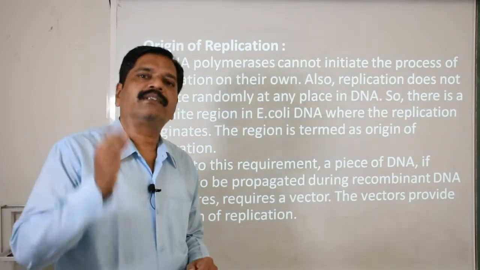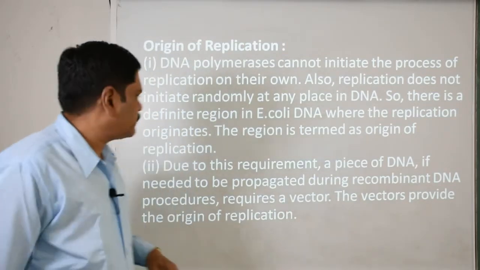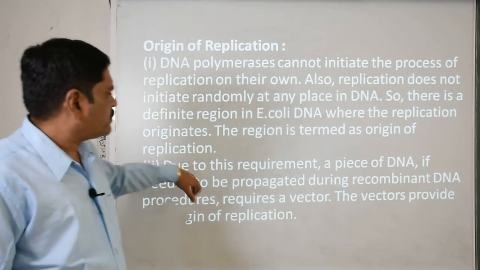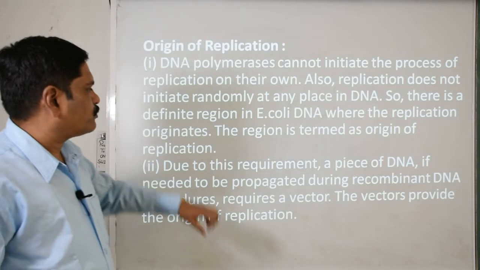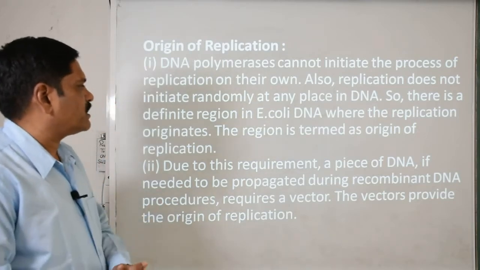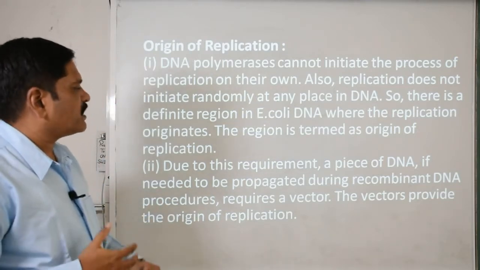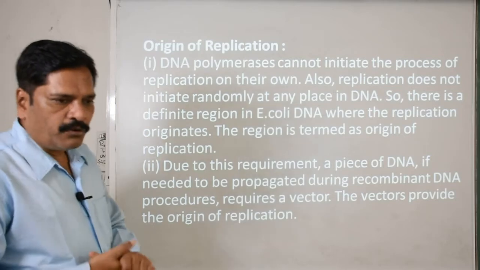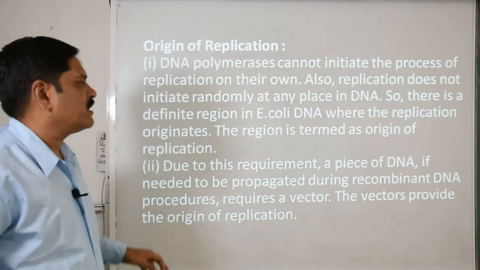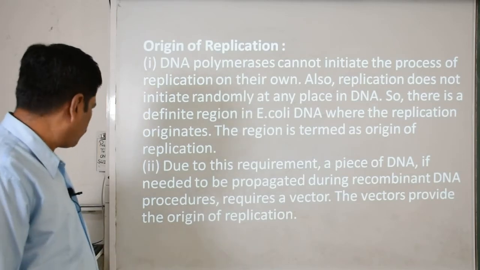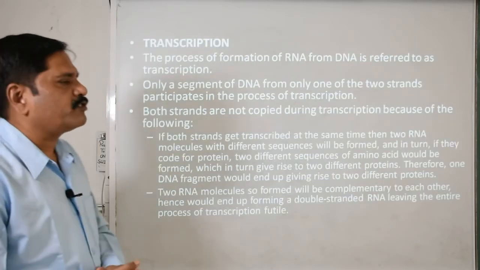You can also call it the point of initiation, clear? Due to this requirement, if a piece of DNA needs to be propagated during recombinant DNA procedures, that requires a vector, one responsible to carry the DNA segment from one place to the next, and the vector provides the origin of replication. So this is the basic feature.